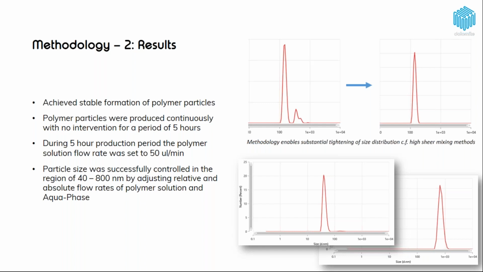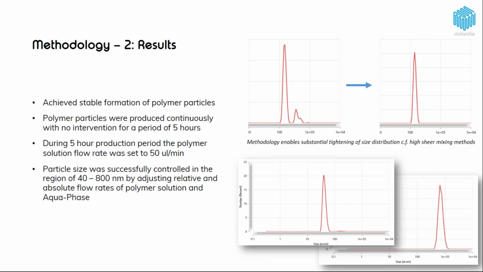So this is good enough for a lot of the applications, but being Dolomite, we are perfectionists and we want to tighten those size distributions up until they're absolutely perfect. So that methodology really enables us to tighten the size distribution of the particles available.